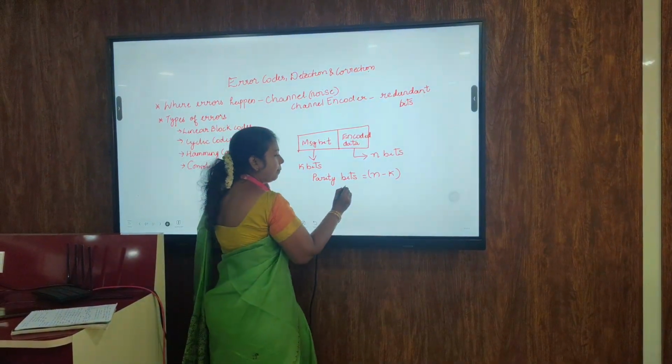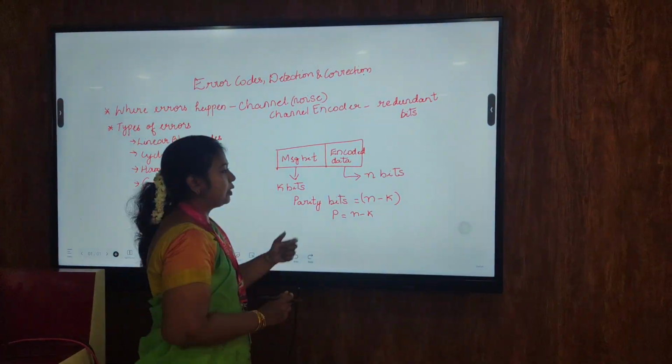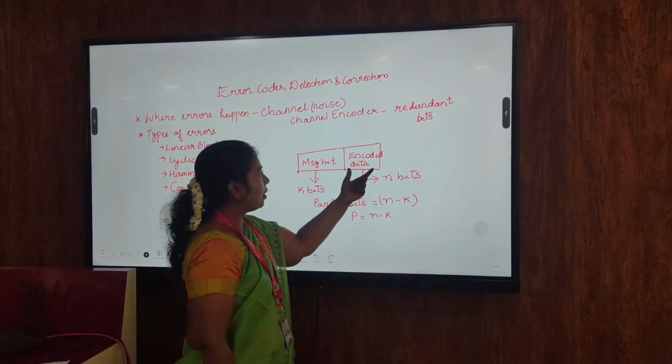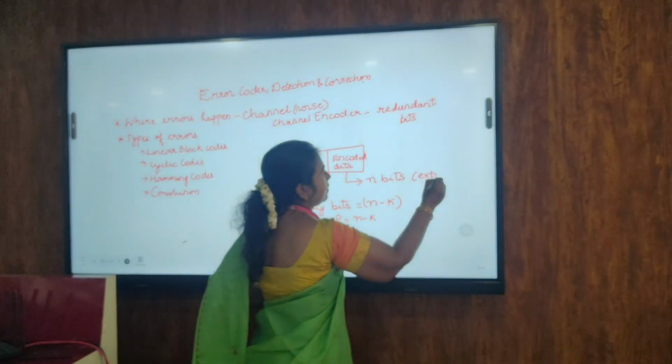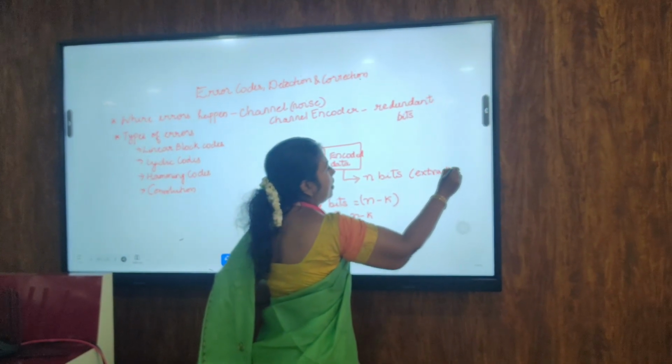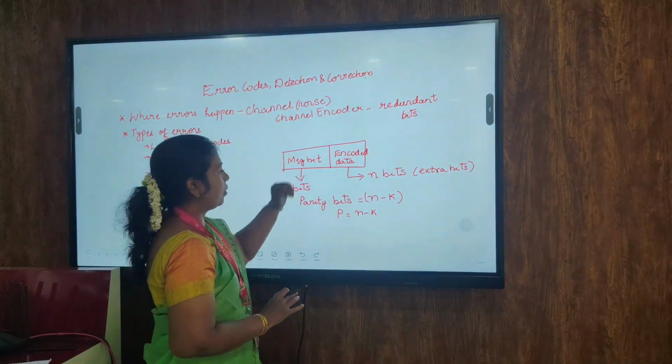So the encoded data has some extra bits which are added by the channel encoder.